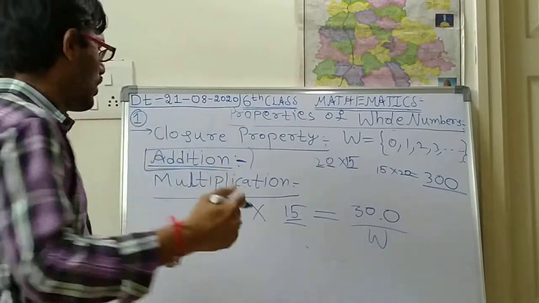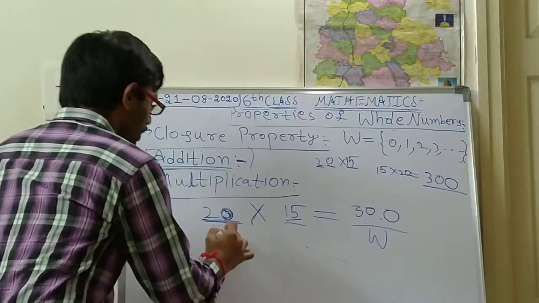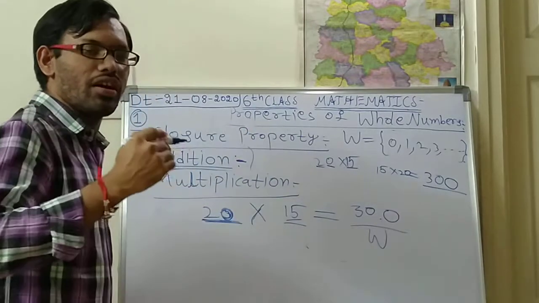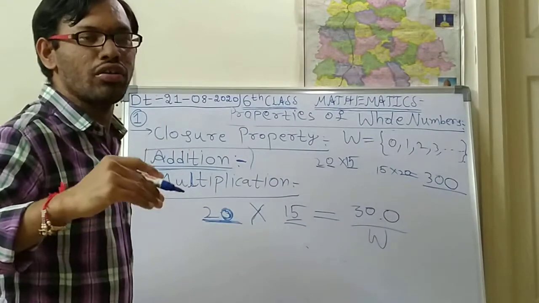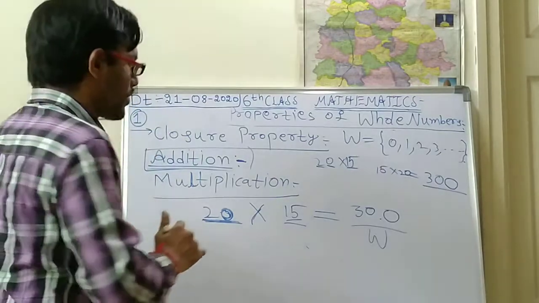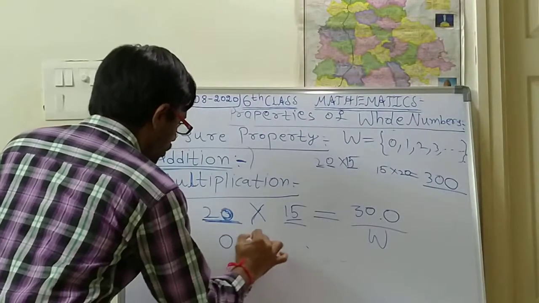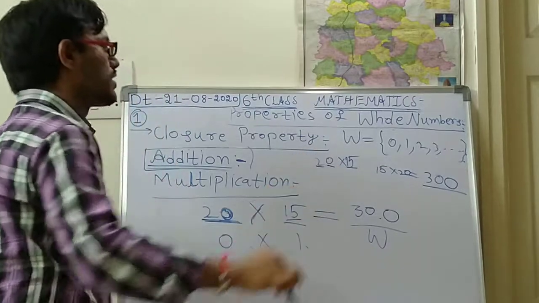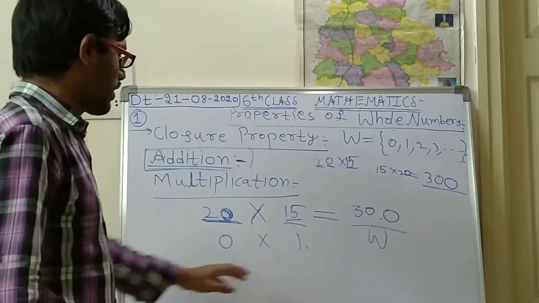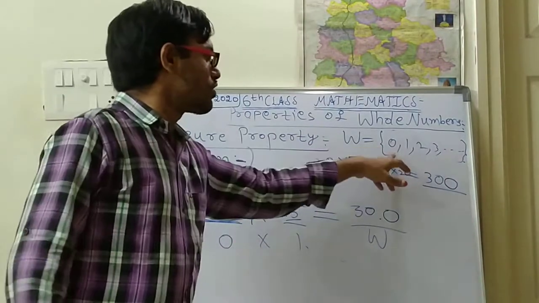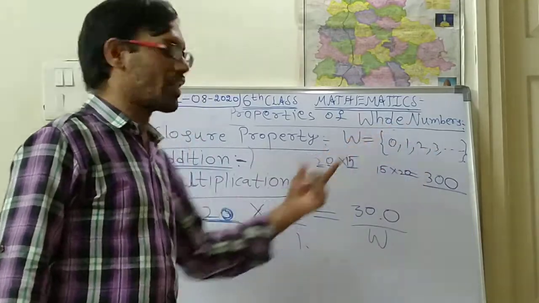Still we should do some more examples. Suppose I take small digits like 0 and 1, the first whole numbers. Starting with 0, 1, I am taking.